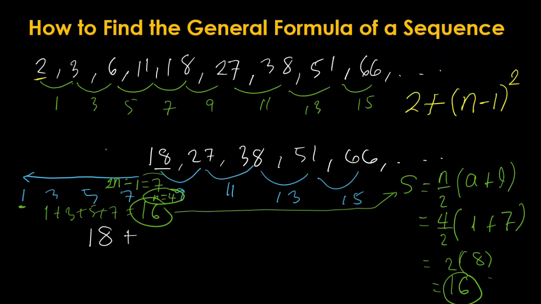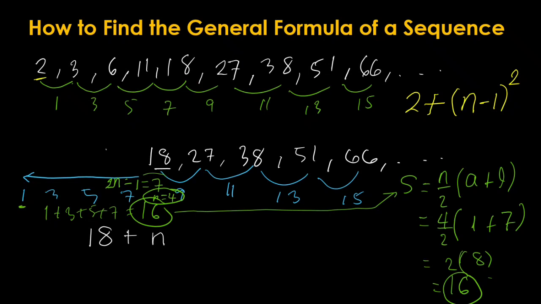Okay, let's go back here. So that's 16. We're going to deduct this by 16. Now our formula here should start from n equals 1. And since our n here is already at the 4, we passed already the fourth one.